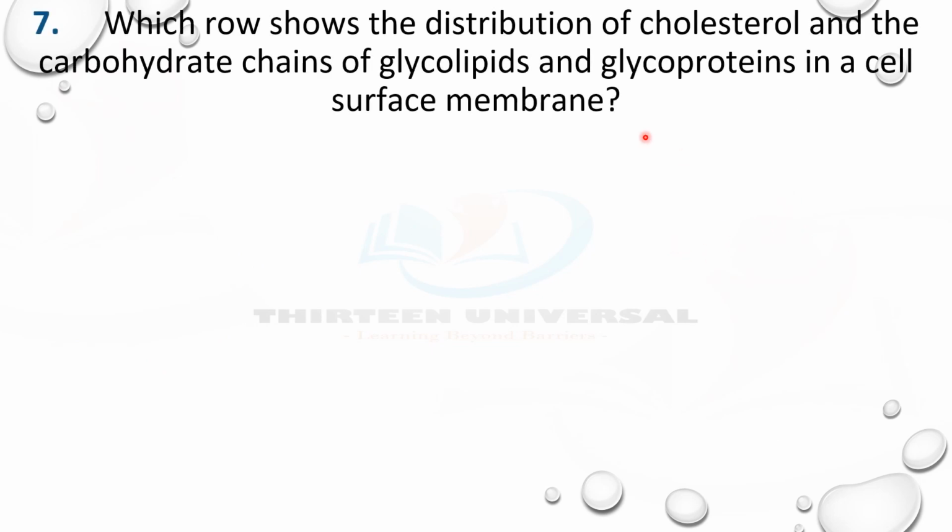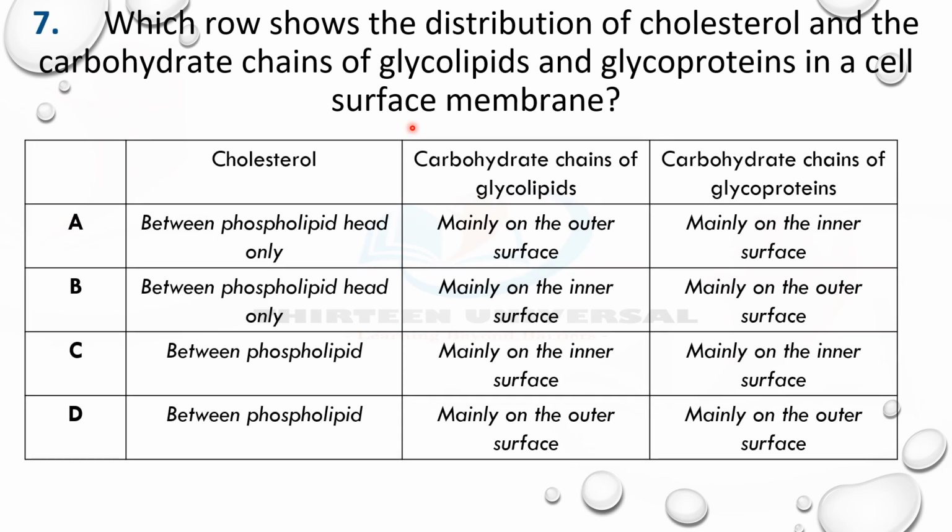Which row shows the distribution of cholesterol and carbohydrate chains of glycolipids and glycoproteins in a cell surface membrane? Now cholesterol is between the phospholipids, because remember guys, if you check the phospholipid bilayer, it appears like this, and you know that cholesterol has a similar structure to phospholipid.